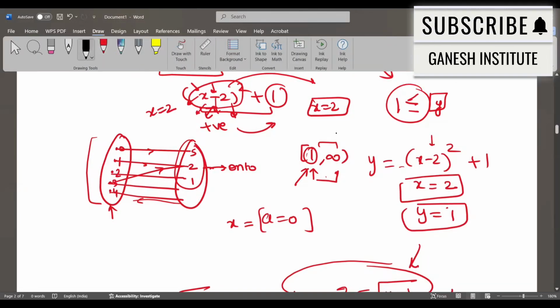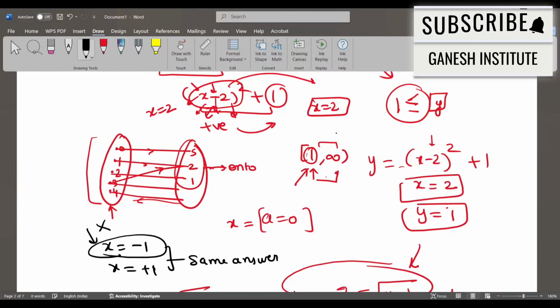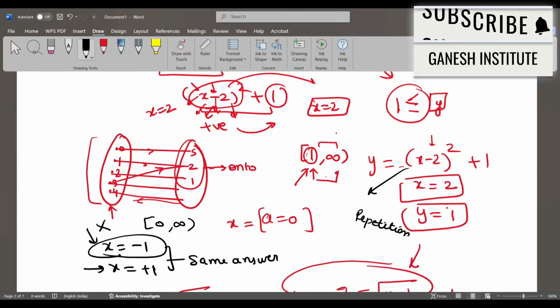Apart from this, if you put negative 1 or positive 1, it will give you the same answer, right? But negative 1 is restricted by giving this as the limit, correct? So if I'm only going to get positive values, then there is no chance of repetition. So I'll say that this is 1, 1.